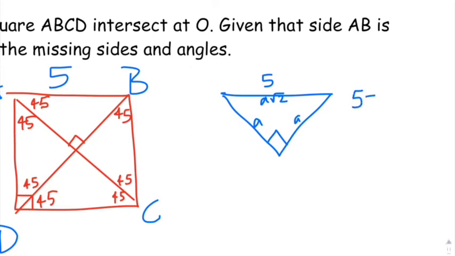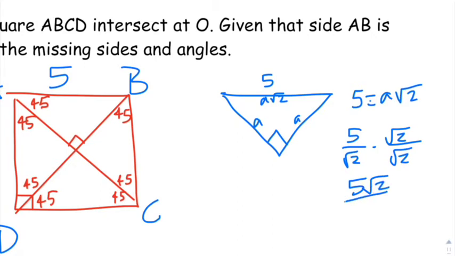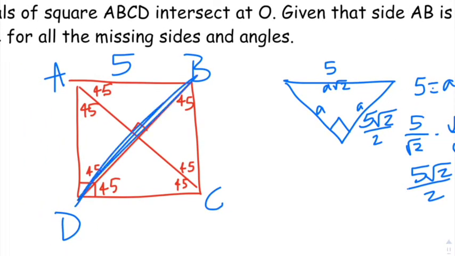That's going to be 5 equals a square root of 2. Divide both sides by square root of 2. That'll be 5 divided by square root of 2, and then you got to rationalize. So it'll be 5 square root of 2 over 2 for this little miniature side. So that means the entire diagonal will be double that, so that'll be 5 square root of 2 over 2 times 2, or just 5 square root of 2.